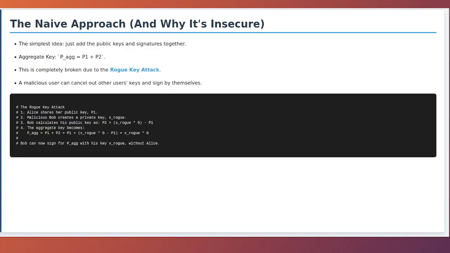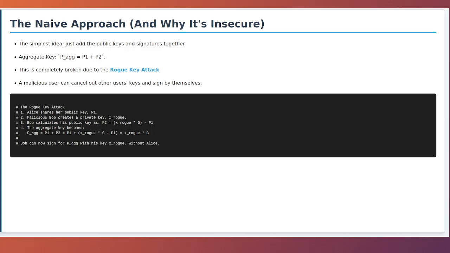This seems like it should work, but it suffers from a fatal flaw known as the key cancellation, or rogue key, attack. As the slide demonstrates, a malicious Bob can trick Alice. Instead of generating his key honestly, Bob waits for Alice to publish her public key, P1. He then crafts a malicious public key, P2, which he calculates as P_rogue minus P1, where P_rogue is a key for which he knows the private key.